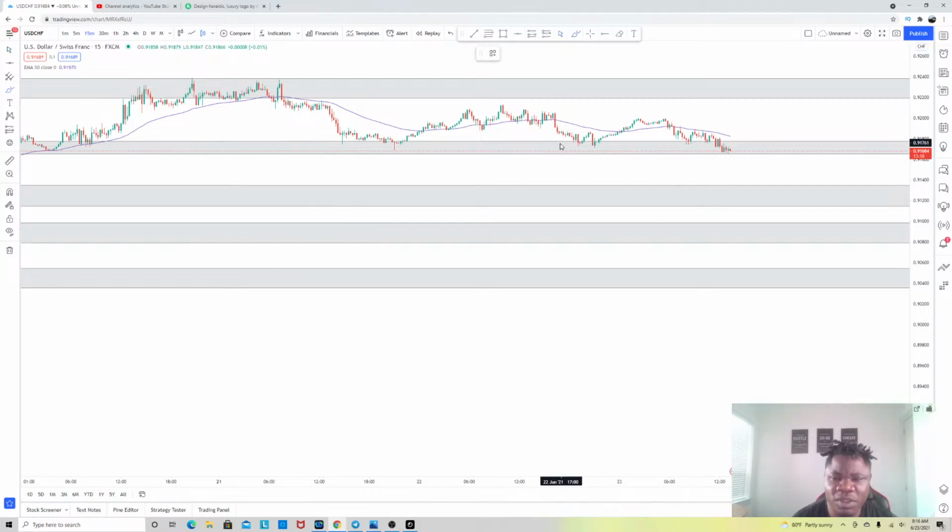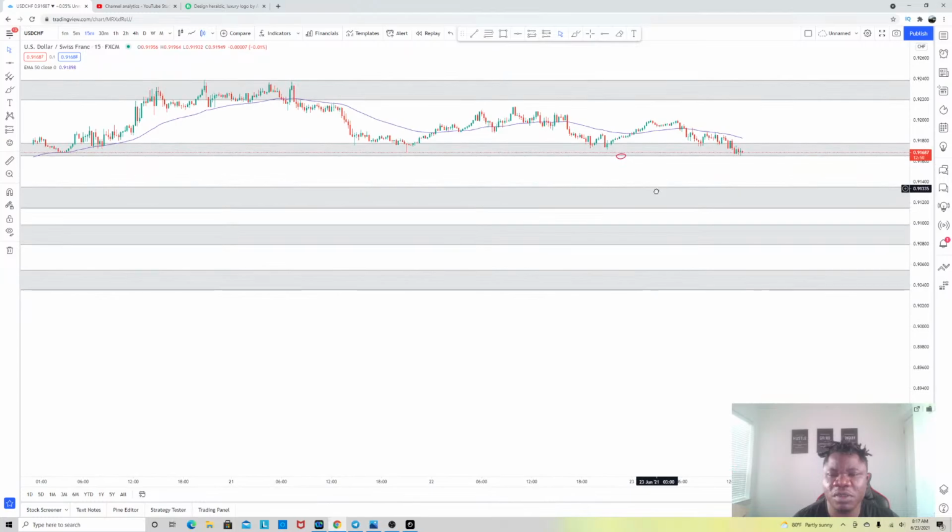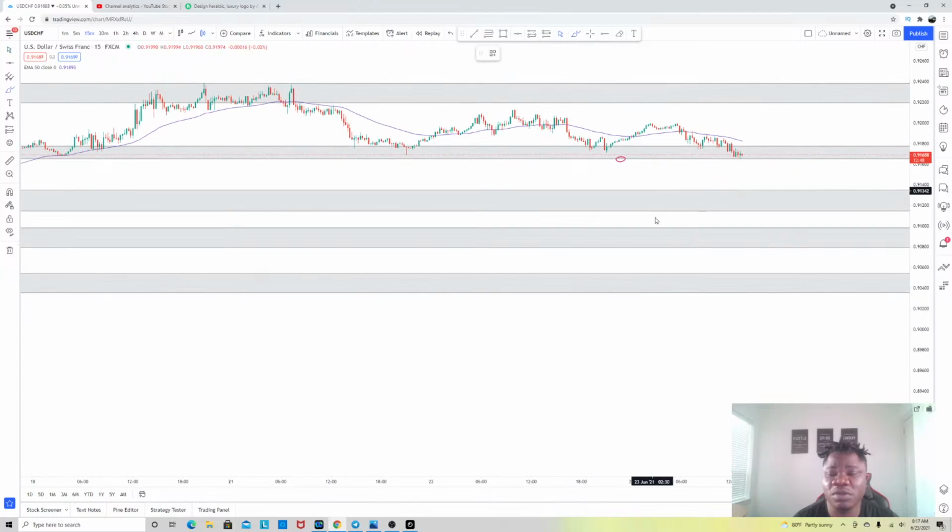But if you want to get in on this trade, USD CHF, once we break below this, then we have to wait for price to break below this zone here on the 15-minute time frame, and we can get in for a sell for price to continue moving bearish, potentially up until this zone over here. That's what I'm looking at for USD CHF.